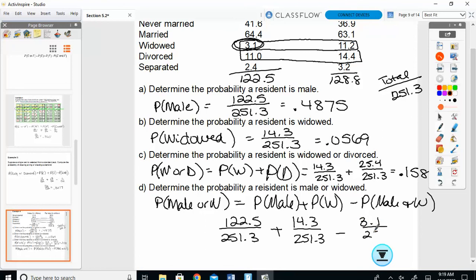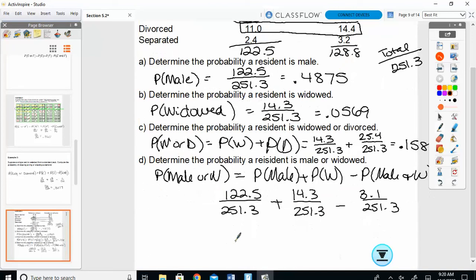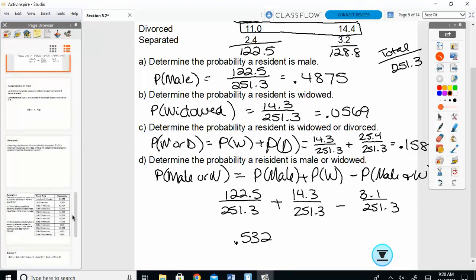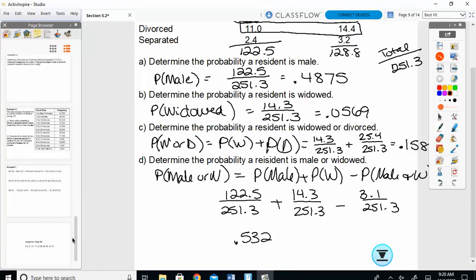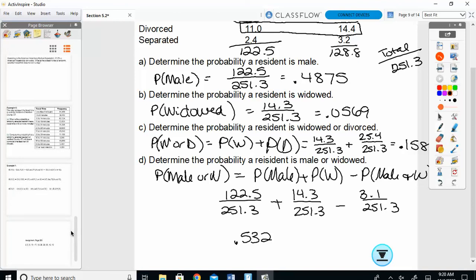That was 3.1. So we get 0.532. Is that one okay?